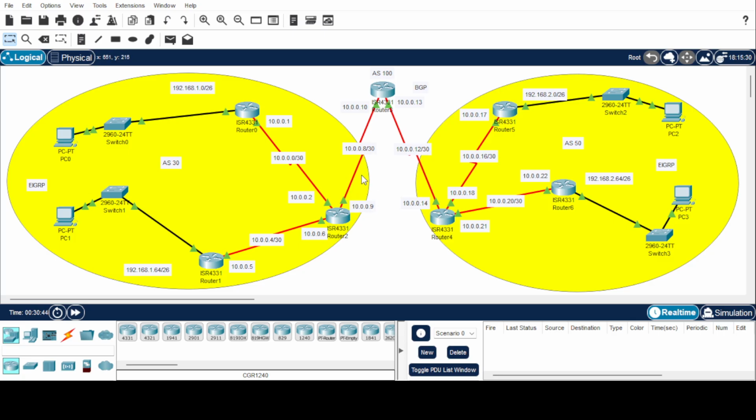So we have the metrics like bandwidth, delay, load, reliability, and MTU. As I already explained in my EIGRP video, by default we take bandwidth and delay as the metrics, K1 and K3. But when we do the redistribution process, we have to mention the values for all the metrics. So this external route is the BGP route connecting from the router to the BGP router.